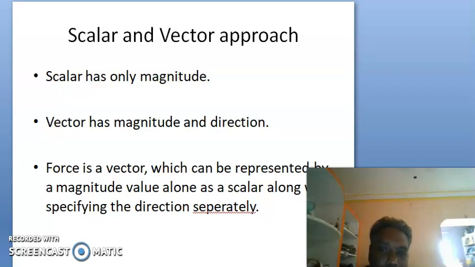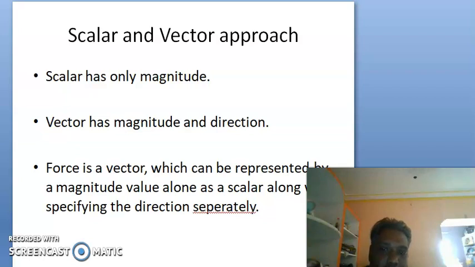So in general, this engineering mechanics can be studied under scalar as well as vector approach. A scalar is a term which has only a magnitude, whereas a vector has both magnitude as well as direction.